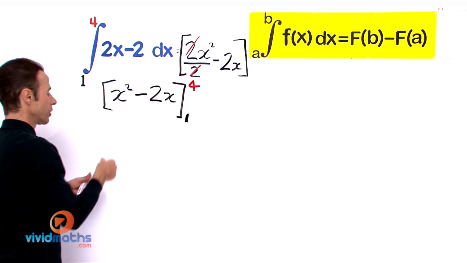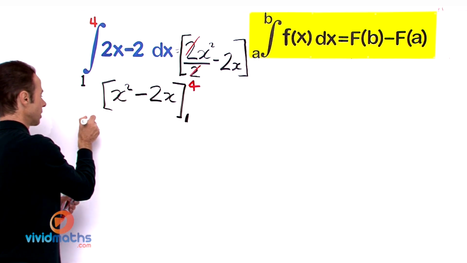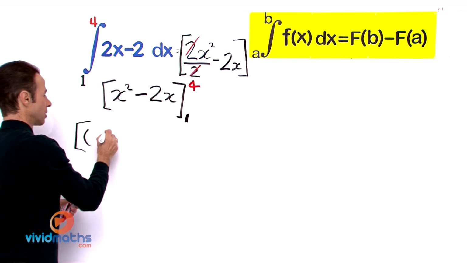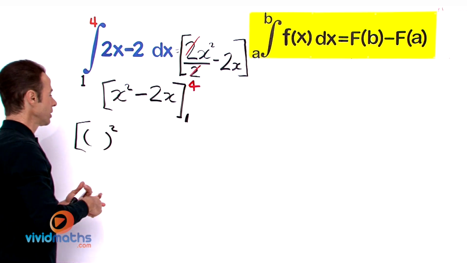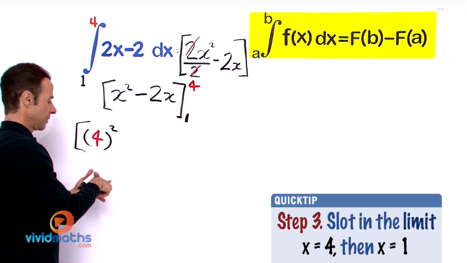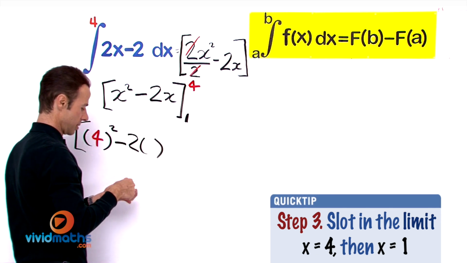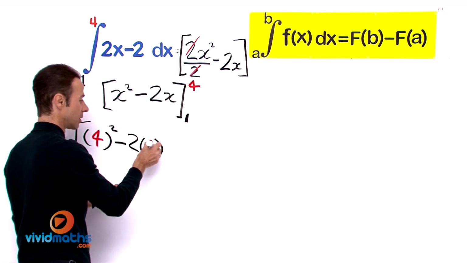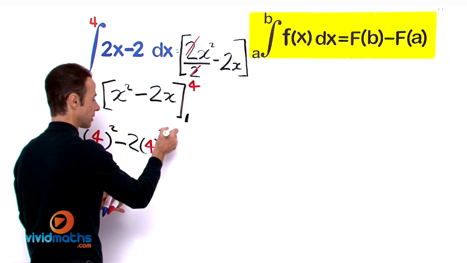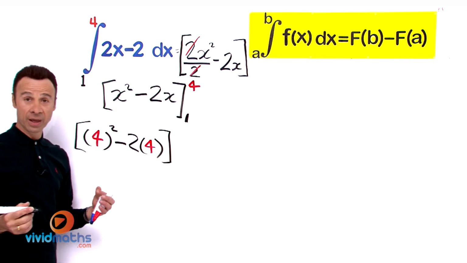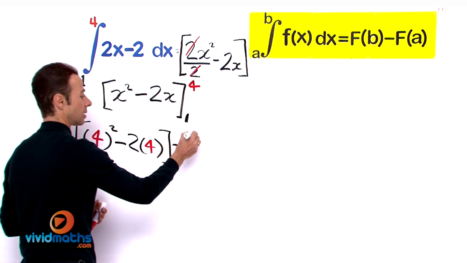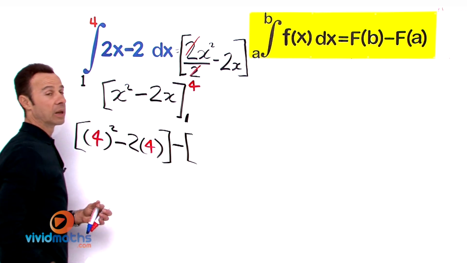So let's substitute the 4 in here. The first thing we do is put the 4 in, so the 4 goes in the first part, like that. Then we subtract the lower limit, which is the 1.